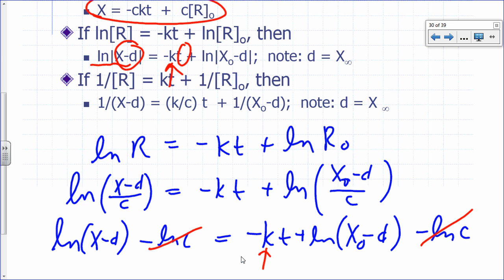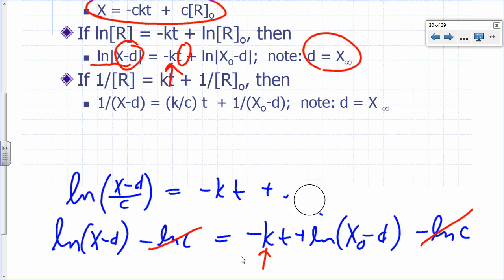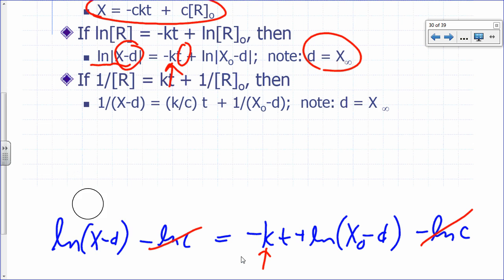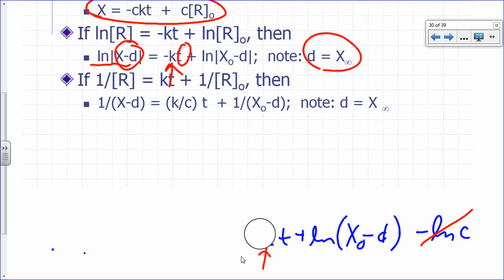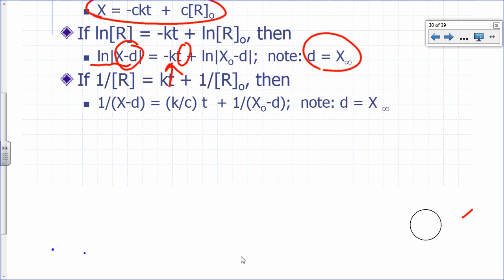Okay. Now, what is d? I think we talked about this last time. D is in fact the value of x at infinite time. Why is that? Because if you look at your expression, what did we say x was?